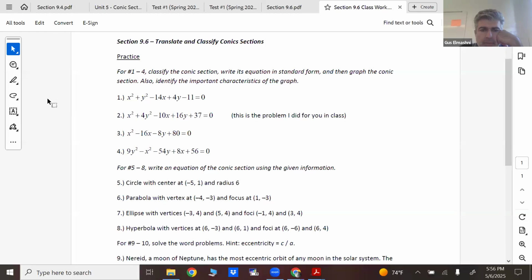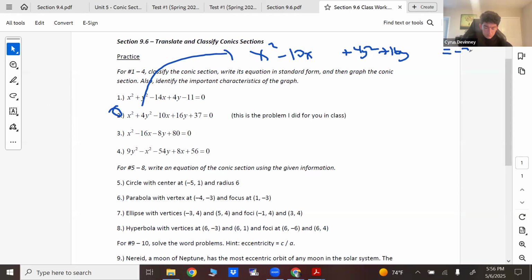So if I look at number 2, I could rearrange like this. x squared negative 10x plus 4y squared. Take half negative 10 squared is 25.